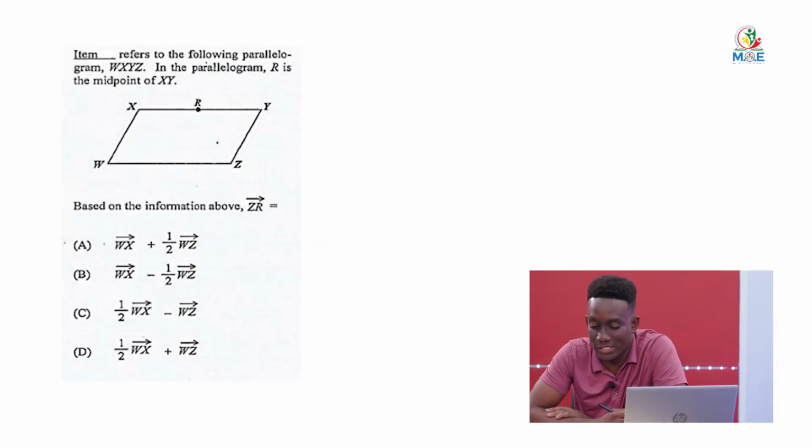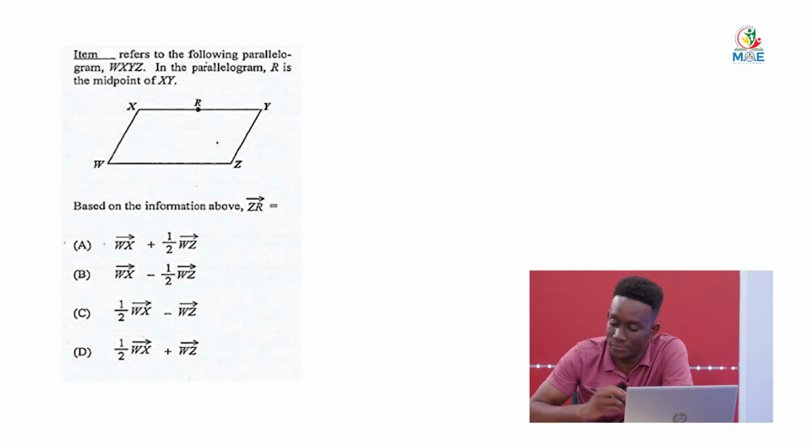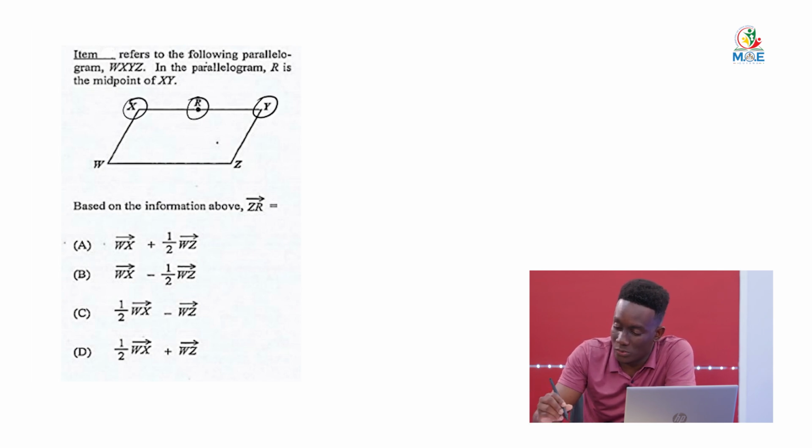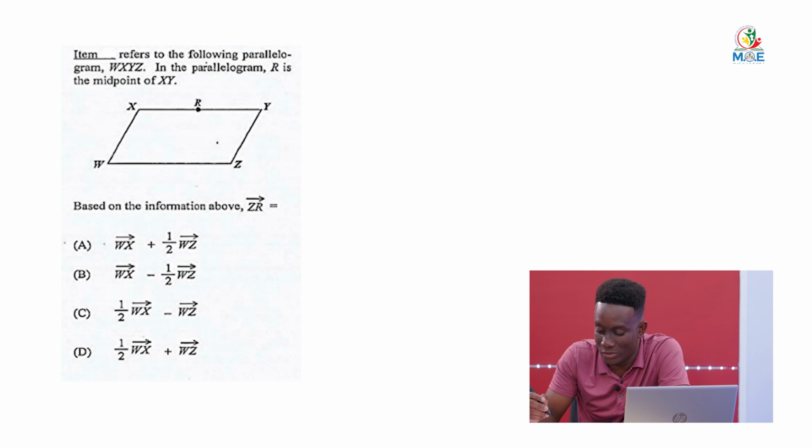So the next question says, the item refers to the following parallelogram WXYZ. In the parallelogram, R is the midpoint of XY. So R is the midpoint between these two. So let's see what they're asking us.